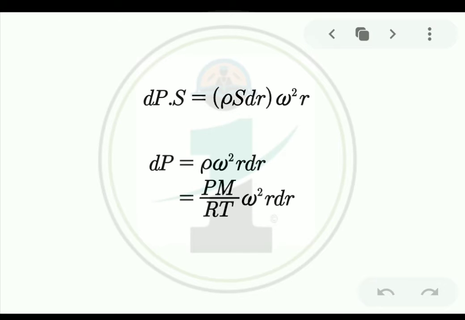So we get dP into S equals rho S dr omega square r, from where we have dP equals rho omega square r dr. Now remember the relation from the gas equation, rho equals Pm by RT. So let's put that in. We get dP equals Pm omega square r divided by RT into dr.